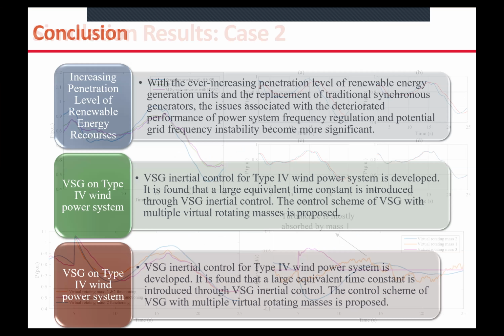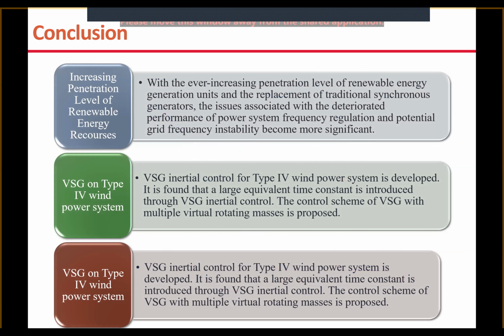In conclusion, with the ever-increasing penetration level of renewable energy generation, the issue associated with the deteriorated frequency performance becomes more significant. That's why we want to develop VSG inertial control for type 4 wind turbine generators.